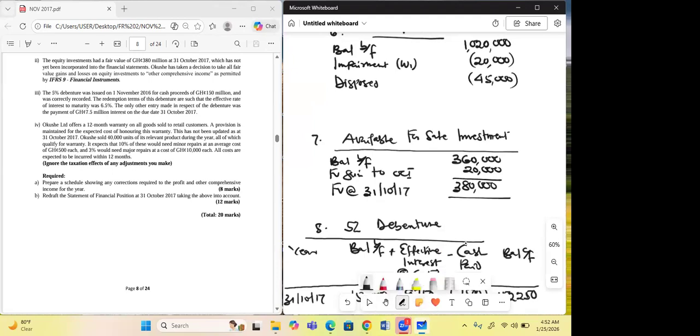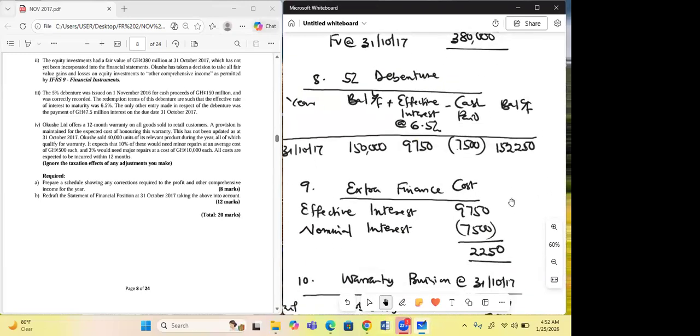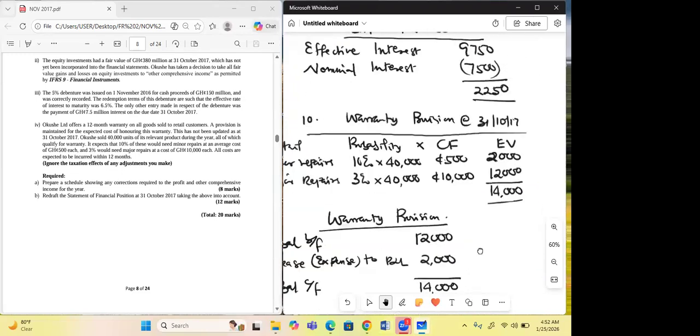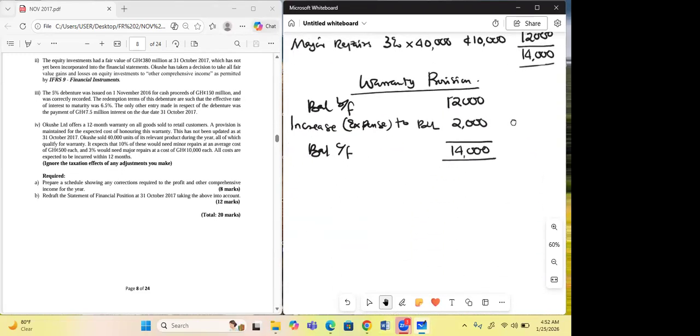What about the PPE? 955,000. Is there any account else? I think there is no account again.